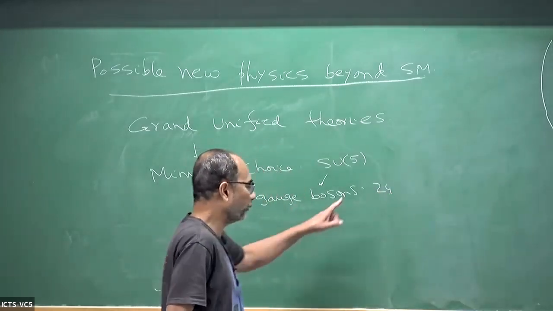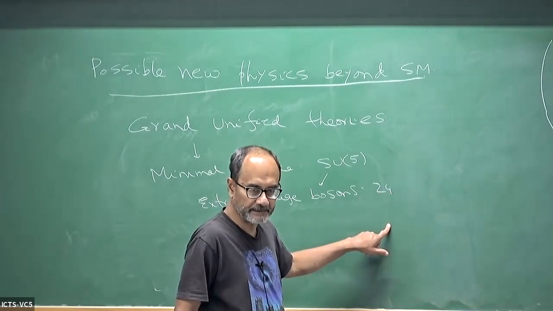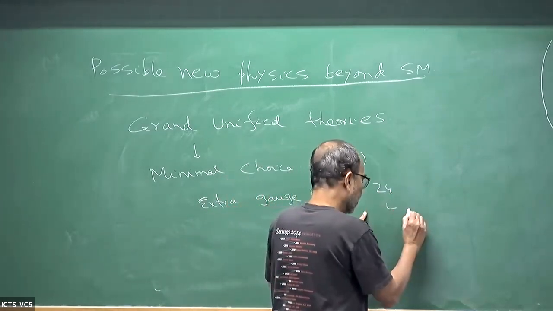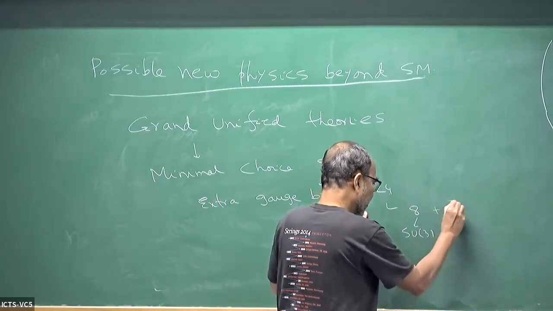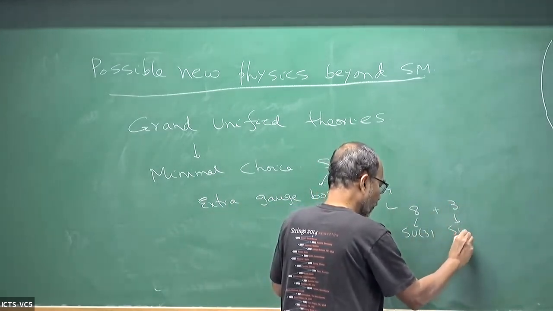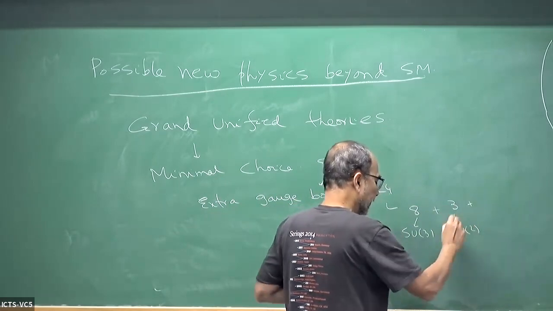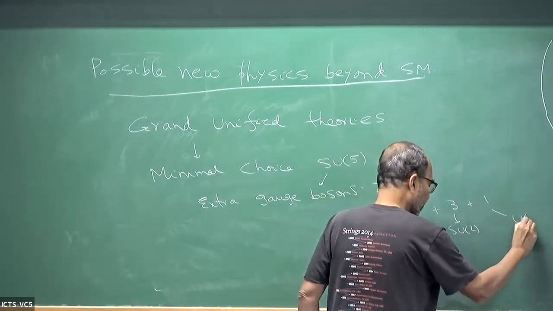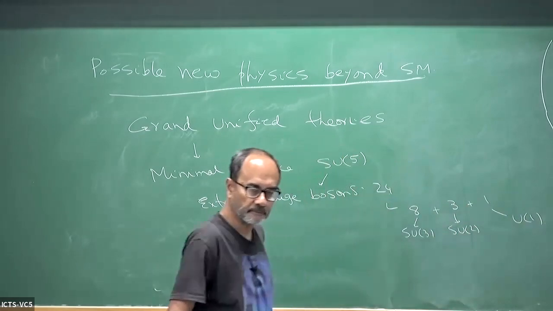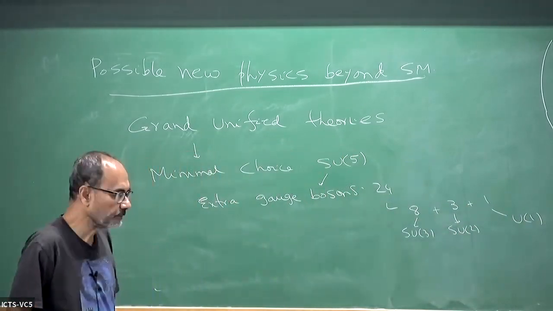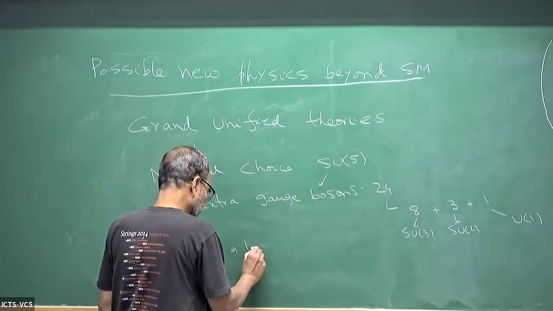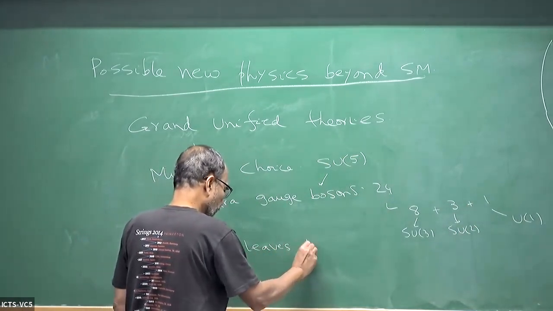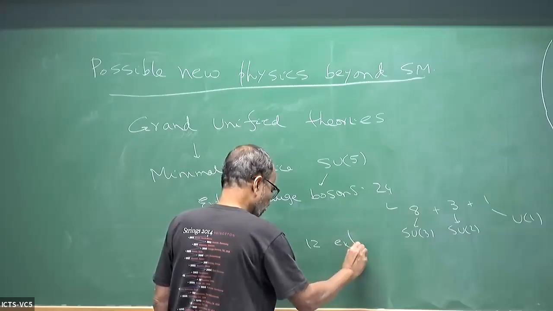of which some are of course standard model generators. So 8 are strong SU3, plus 3 come from SU2, and then 1 is the U1. So you are left with 12. This leaves 12 extra bosons.